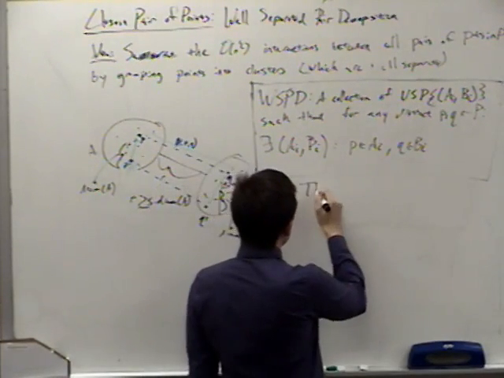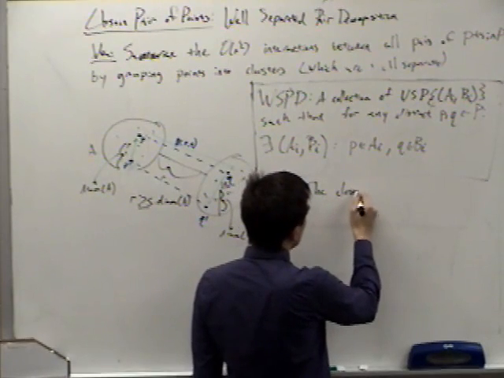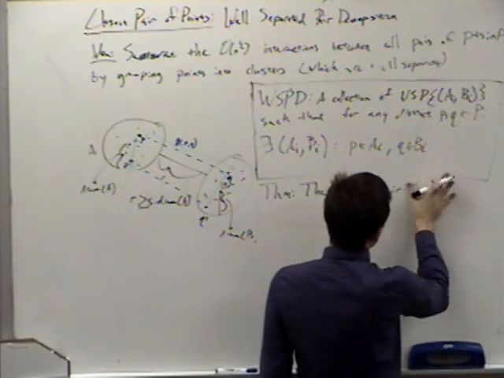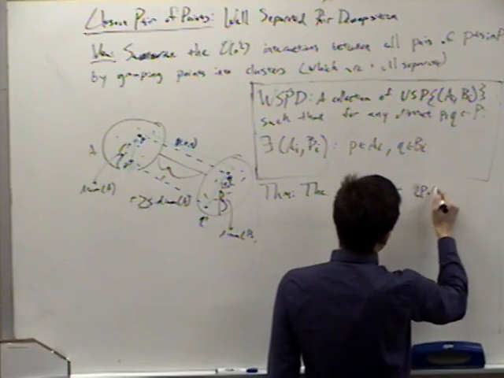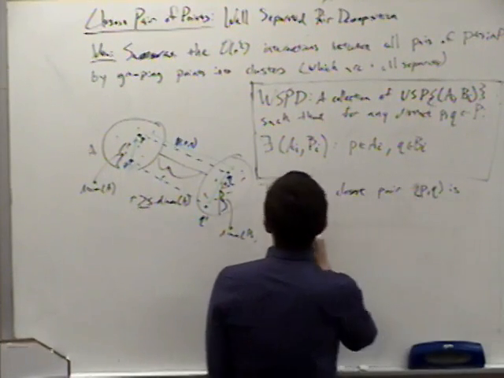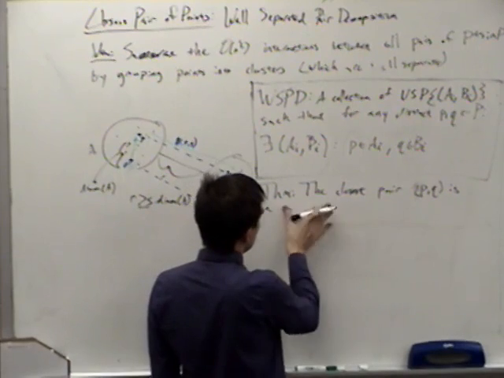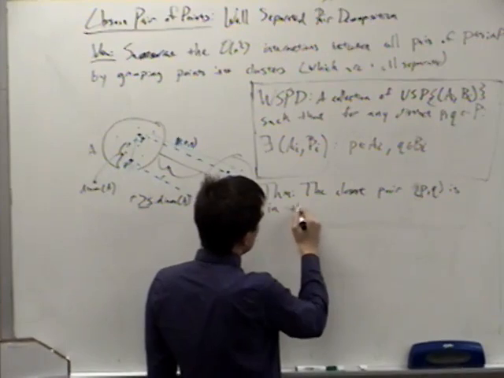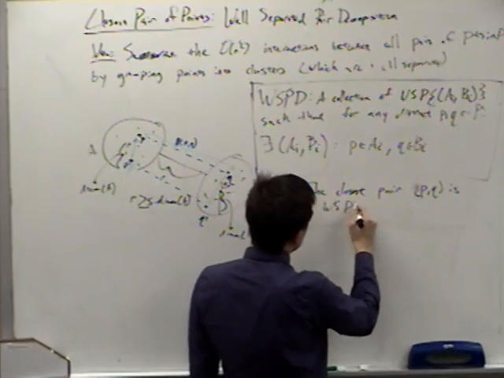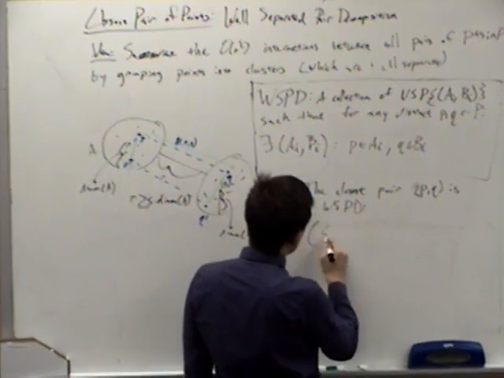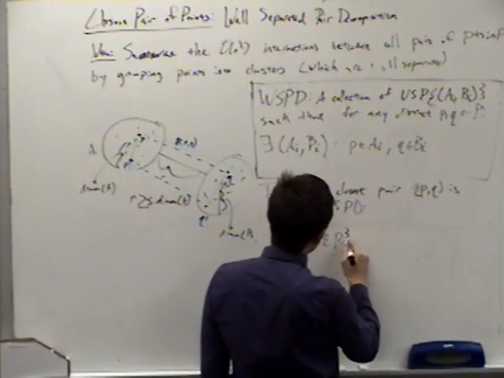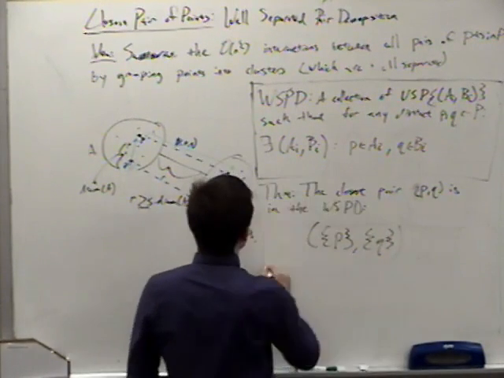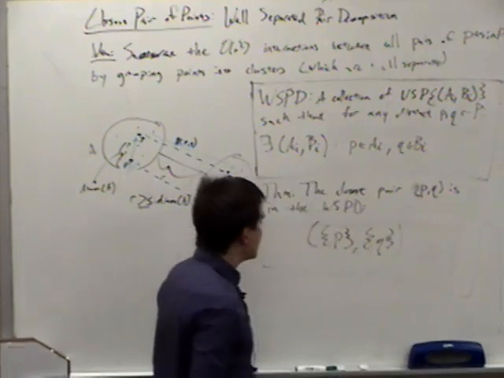We'll say the closest pair PQ is in the WSPD. That is, there better be some entry inside these things that looks like PQ. Well, why is that?